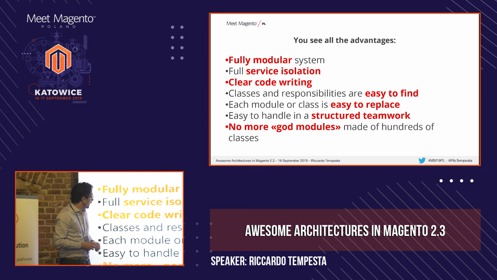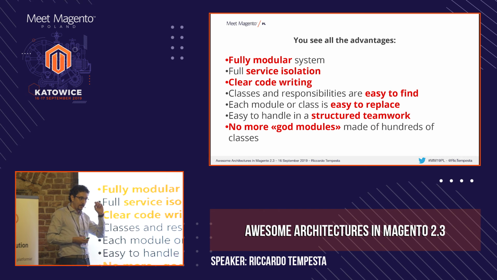No problem. Because you realize you have a fully modular system and you get full service isolation. You have clear code writing. If you come from the world of Magento 1, you probably know that most of the time, the problem is finding where something is happening. With this new approach, it's very simple because you've got inventory sales. You know that the relationship between inventory and sales is probably happening in that module.